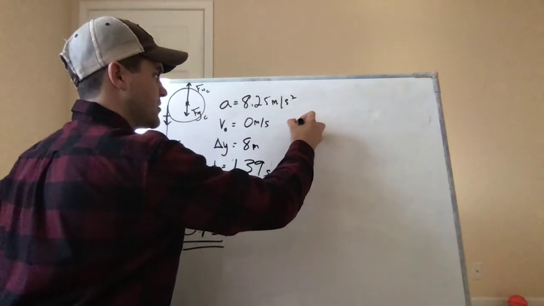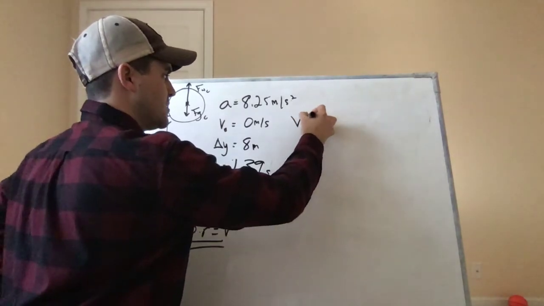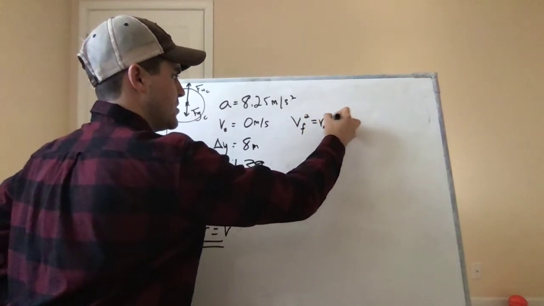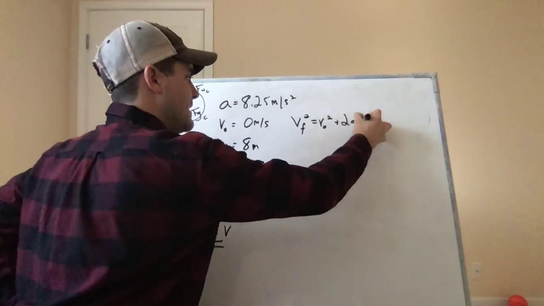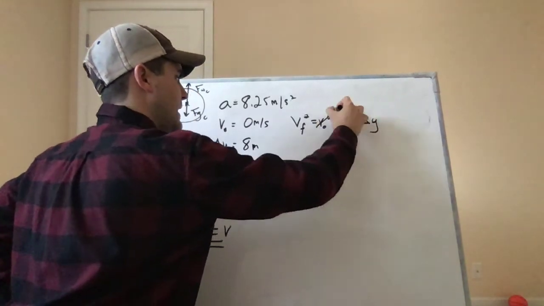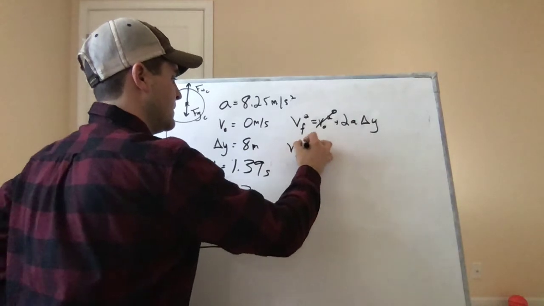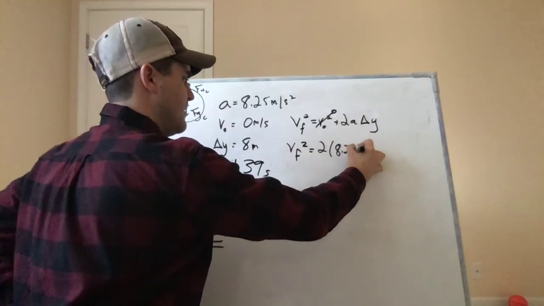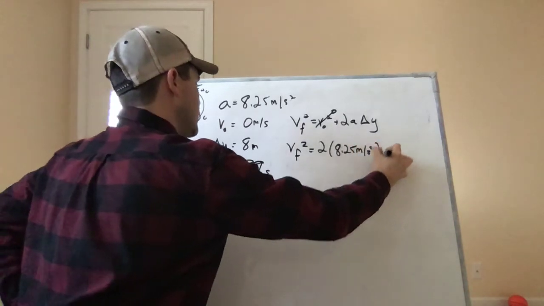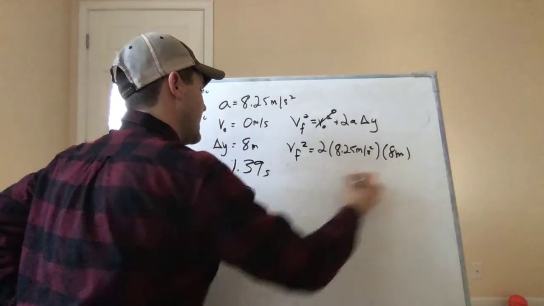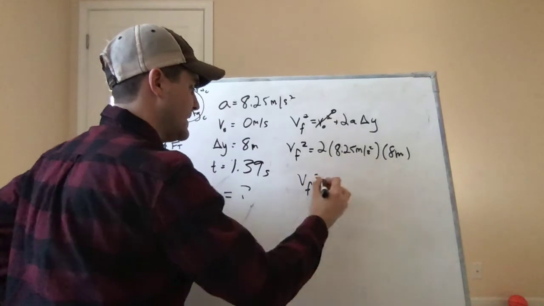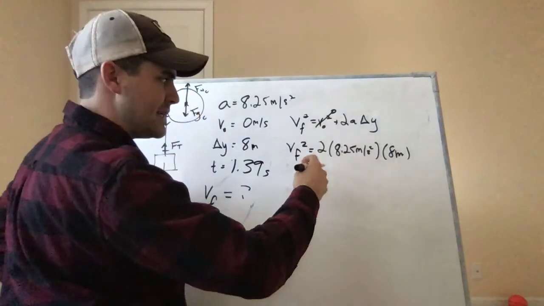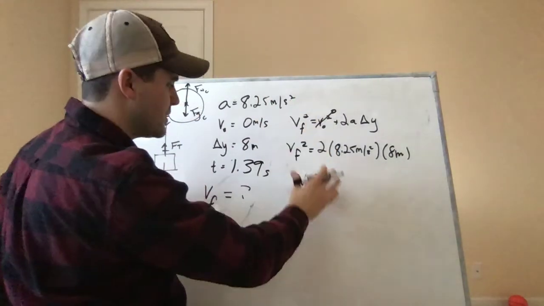In order to find final speed, I know that final speed squared equals initial speed squared plus 2a, change in y. In this case, initial speed is 0. V final squared is 2 times the acceleration. We found that, 8.25. Change in y is 8 meters. I solve it. The final velocity linearly is equal to, I don't have a calculator, but you can solve that.